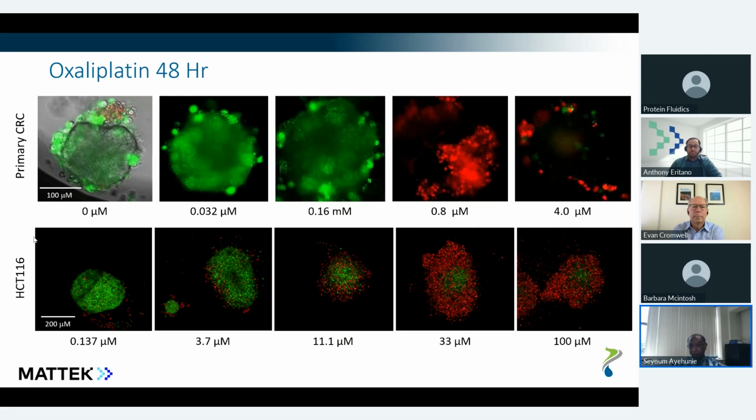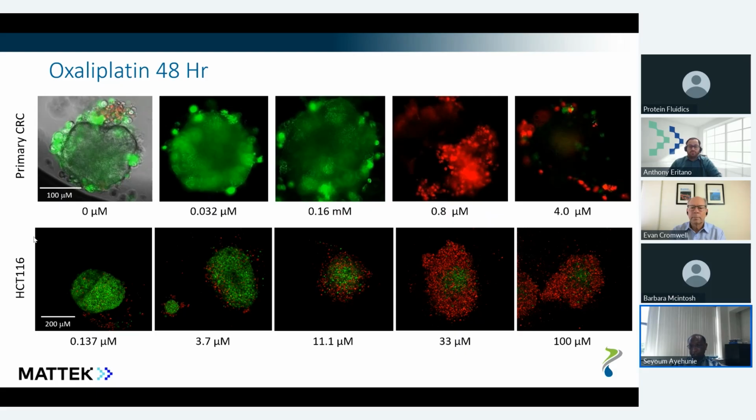Over here, if you look at this one, then you can see few differences, and the concentrations are not the same. But if you look at 0.8 micromolar concentration, the primary cells are sensitive for this particular drug.